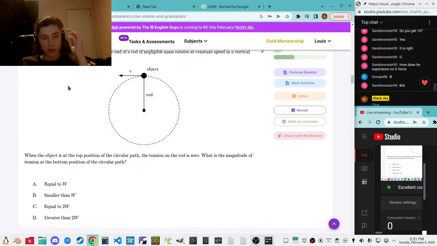Or is it just equal to W? Because it's inward. How does this even work? Let's just go with a C.